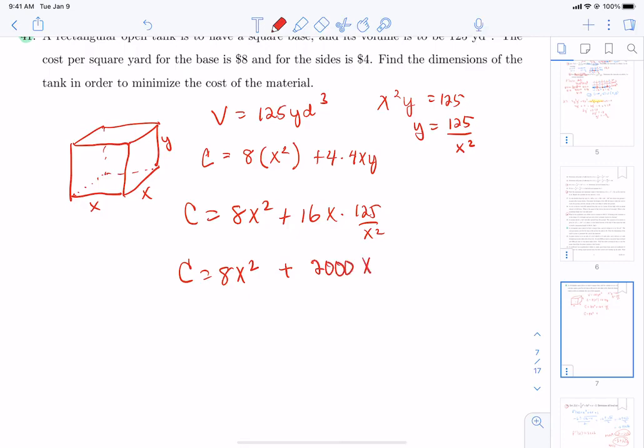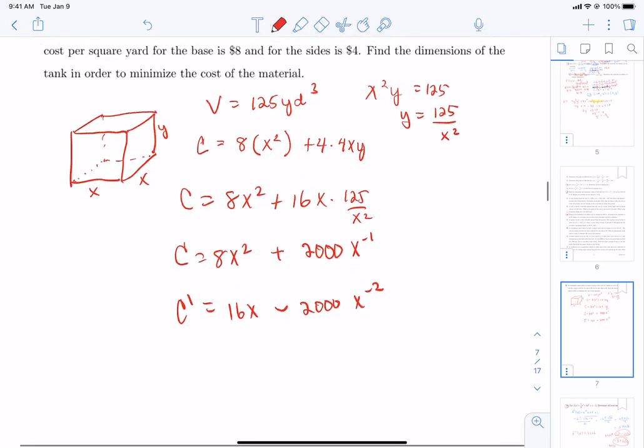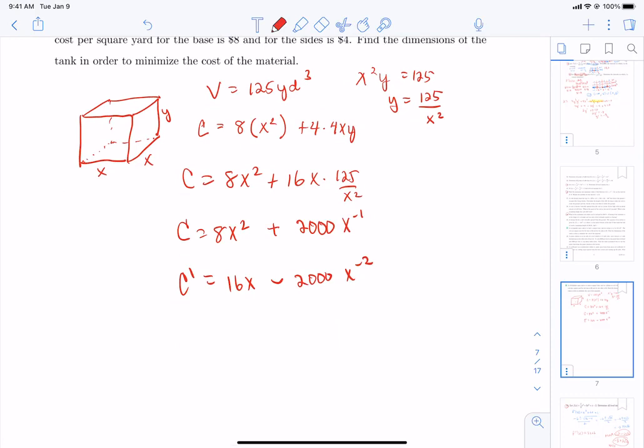But let's make that x to the negative 1, just so that it's ready. Now, we want to minimize that, so let's take the first derivative, which is 16x minus 2,000x to the negative 2. So all I've done is taken just a standard practice first derivative.